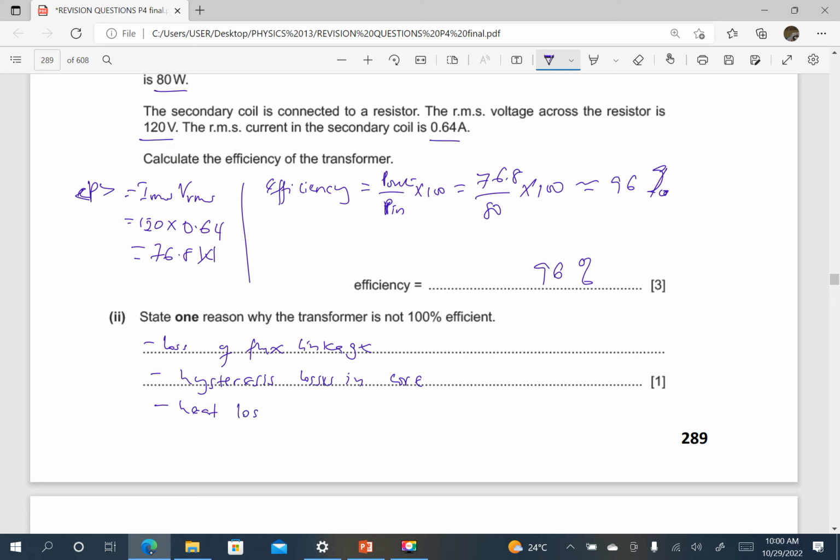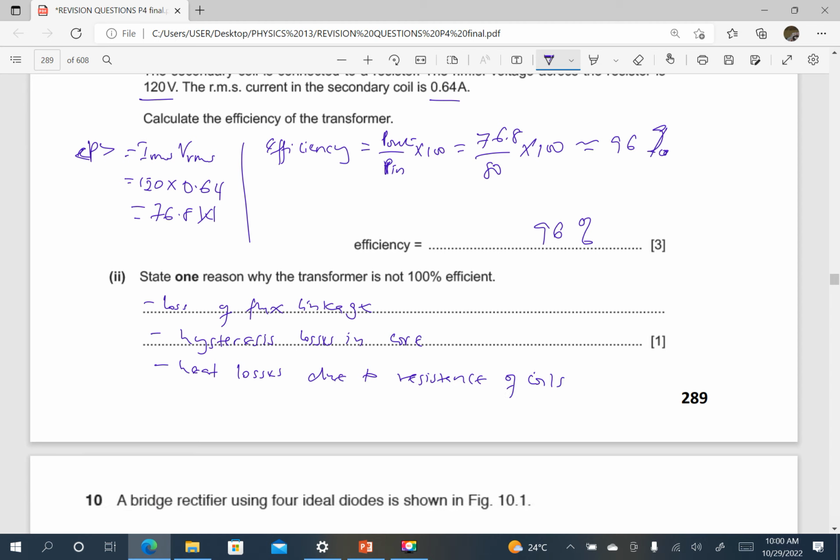Heat losses due to resistance of the coils. You can also talk about heat losses due to continuous magnetization and demagnetization, that is hysteresis.